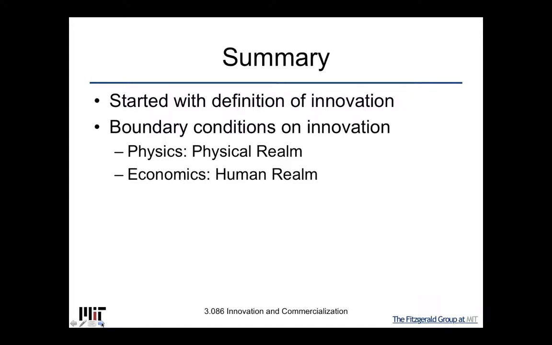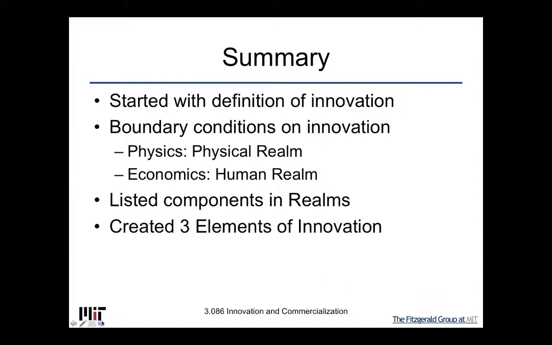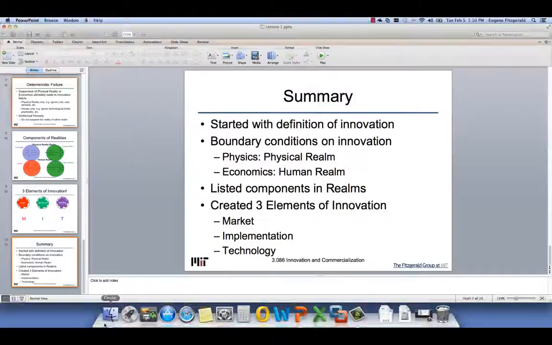Although that's already useful in itself, because we try to tell you not to suspend either realm while you're thinking about innovating, the components inside lead us to the elements of innovation. There are three elements: market, implementation, and technology. And the rest of the beginning lectures in this class will be about thinking through each one of those pieces.